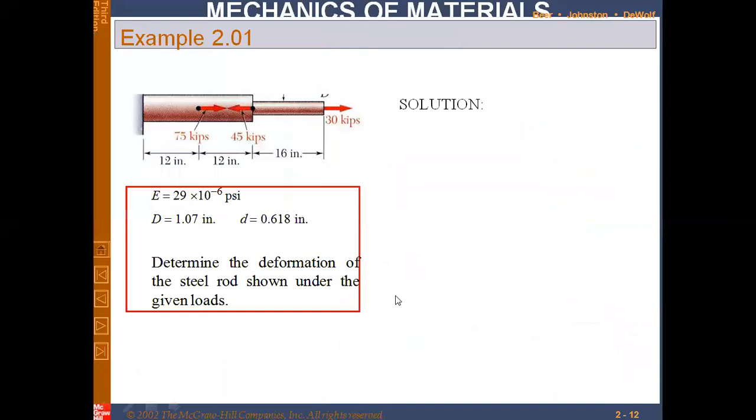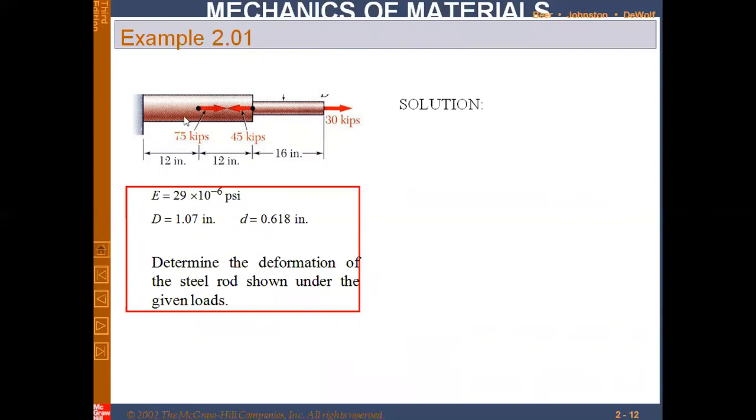Based on the discussion that we have had, let's further solve a simple problem so that it becomes clearer how we could use the mathematical model for the deformation, and find out the overall deformation when the material is subjected to external loading.